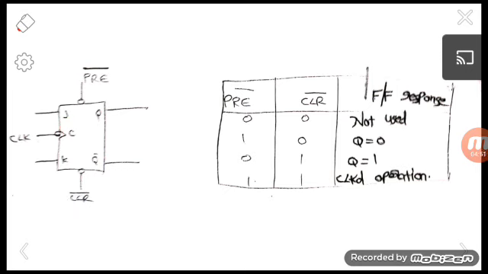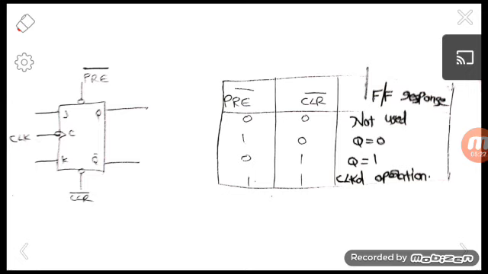During working, if you want to set the output of the flip-flop to 1, or clear the output to 0, we can use these inputs, preset bar and clear bar. Some conditions are there. If preset bar and clear bar are both 0, that condition is not used for our operation.